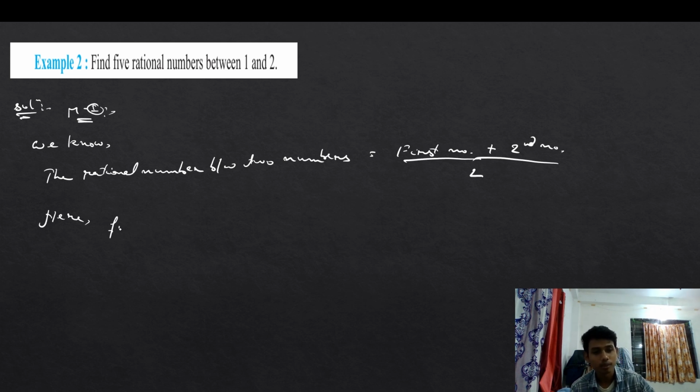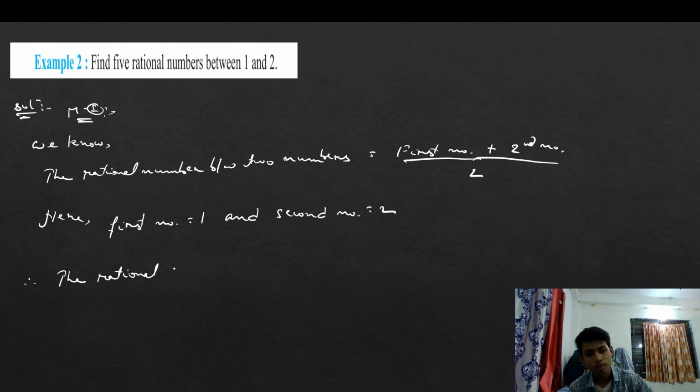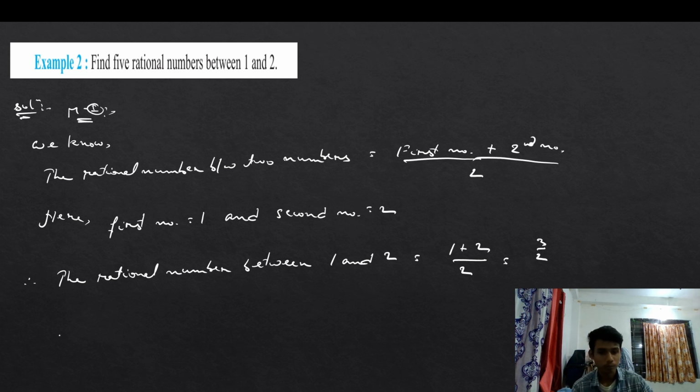Here first number is equal to 1 and second number is equal to 2. Therefore the rational number between 1 and 2 is equal to 1 plus 2 divided by 2. 2 plus 1 gives 3 by 2.